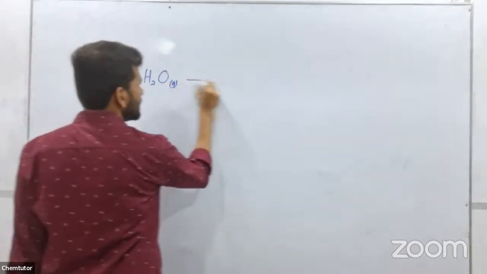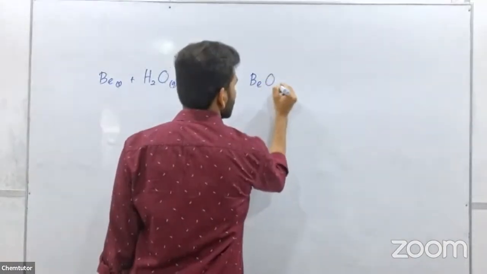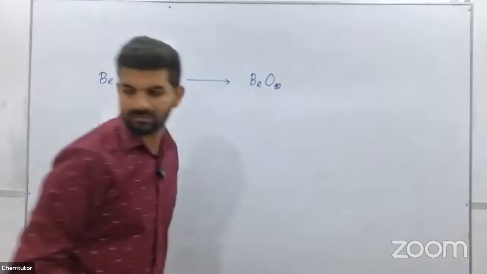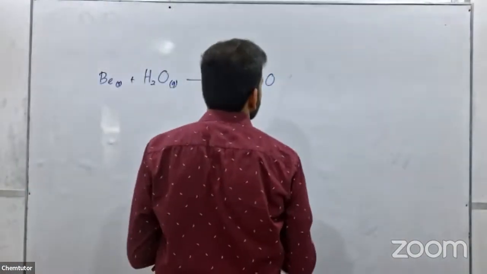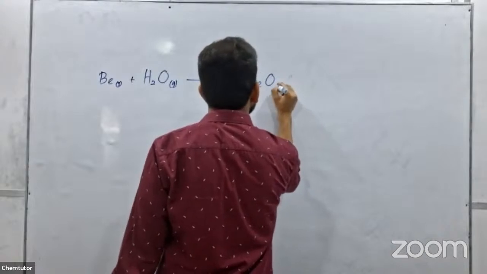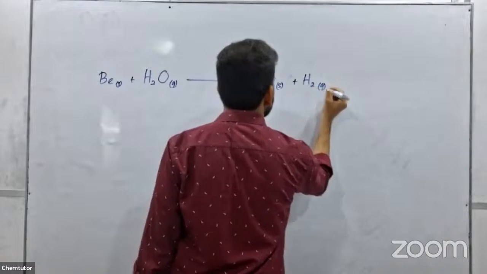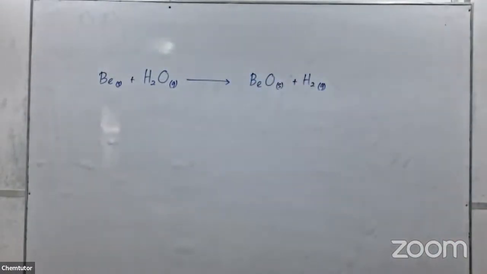Beryllium with steam, H2O gas, will give beryllium oxide and H2.